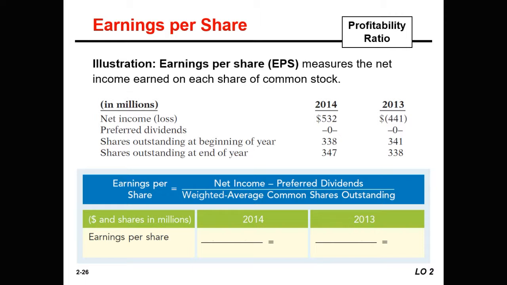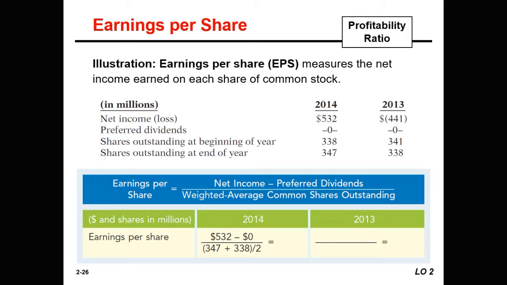Then we divide that by the number of shares or weighted average common shares outstanding. And to do that, we take what the shares were at the beginning of the year, add what the shares are at the end of the year, and we divide that by 2.